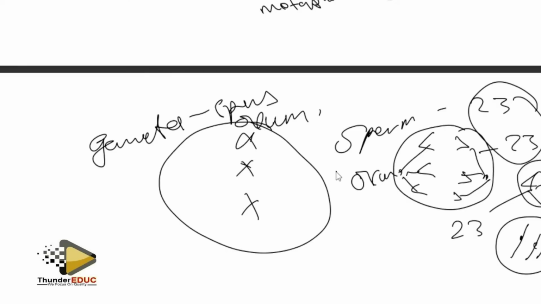Meiosis takes place in the testis in humans, male, and in the ovary, female. In plants, it takes place in the anthers, male, and the ovary, female. You have to know those things.